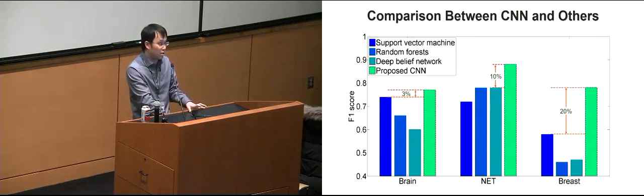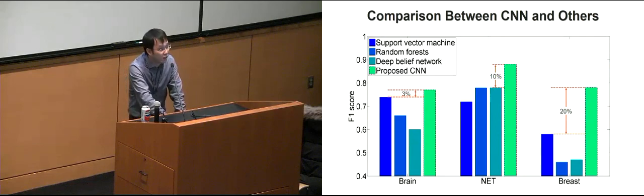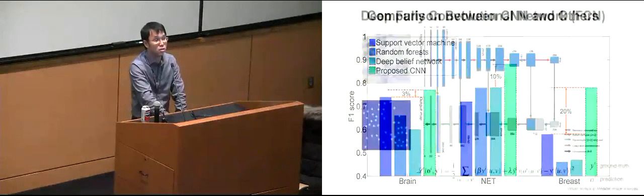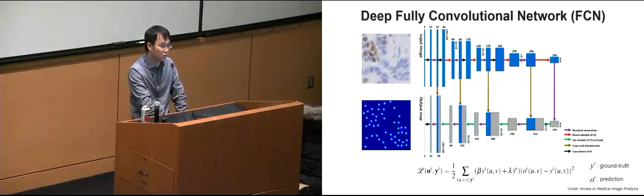As we remember, we use the sliding window method. Actually, the sliding window is very slow because it does a lot of repeated computation during the convolution operations. So now we develop another new architecture, which is based on deep, fully convolutional neural networks.